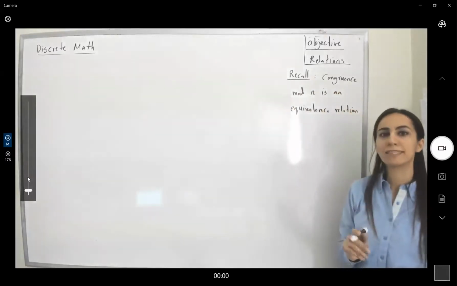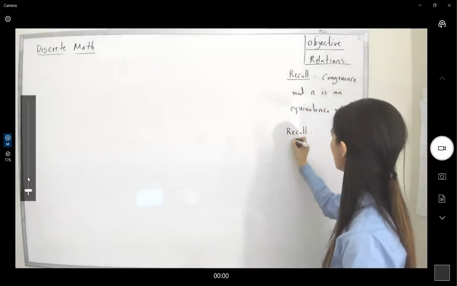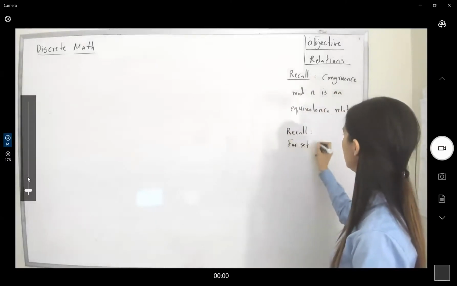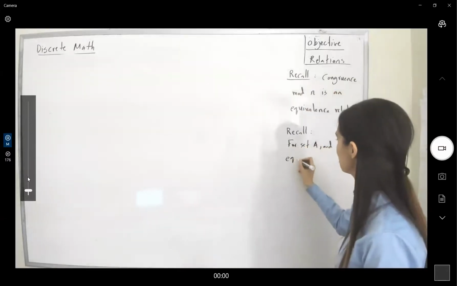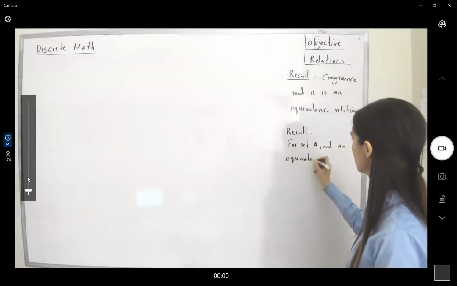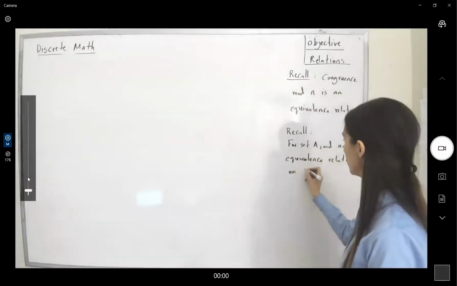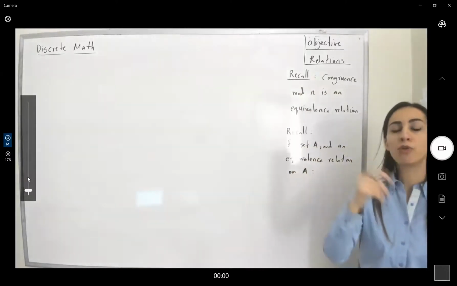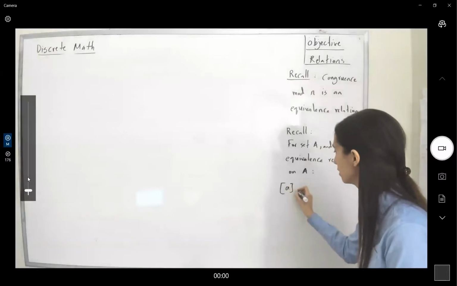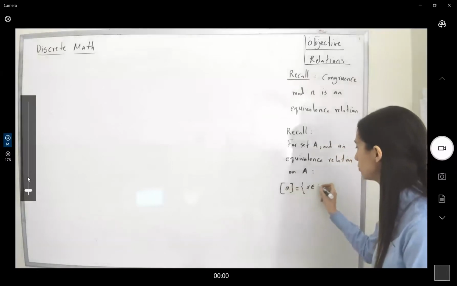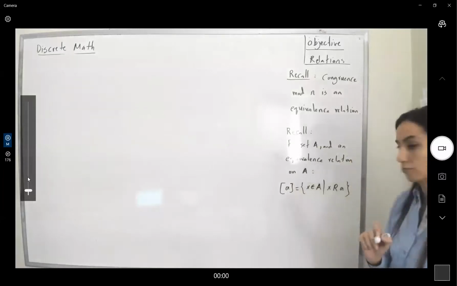We also define something new. Also recall that for a set A and an equivalence relation on A, we define the equivalence class of members of A this way: the set of all x values in A such that x is in relation with a.